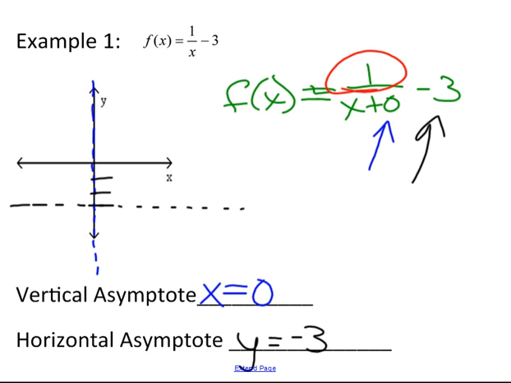If it's positive, we want a piece of the graph up here. And remember, those two pieces, they have to be opposite each other, so the other piece is going to be down here. And there you go.